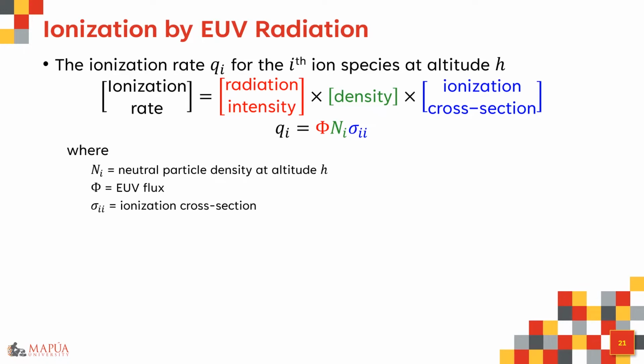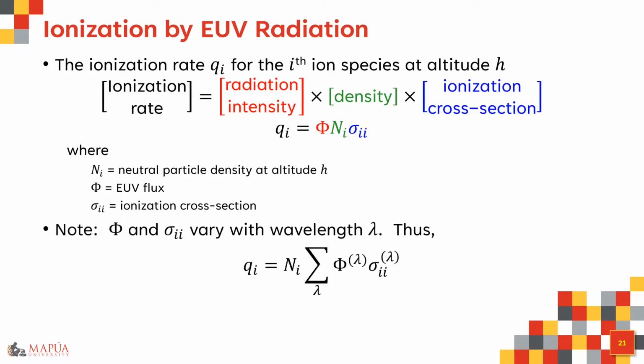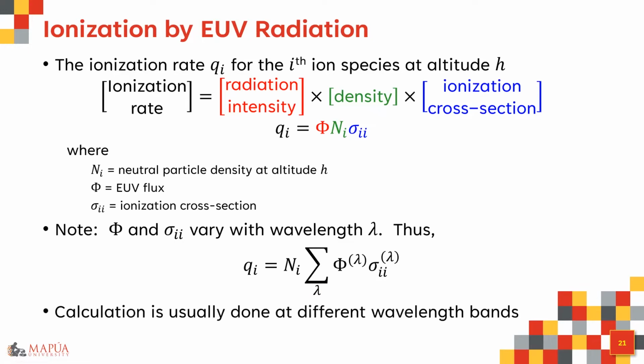Therefore, the ionization rate for a specific species, let's say atomic oxygen, molecular nitrogen, or molecular oxygen, can be the sum of these terms over all wavelengths present during ionization. But we can simplify this calculation by focusing on individual wavelengths. That's why we will consider in the coming slides monochromatic ionization, so ionization at specific wavelengths only.